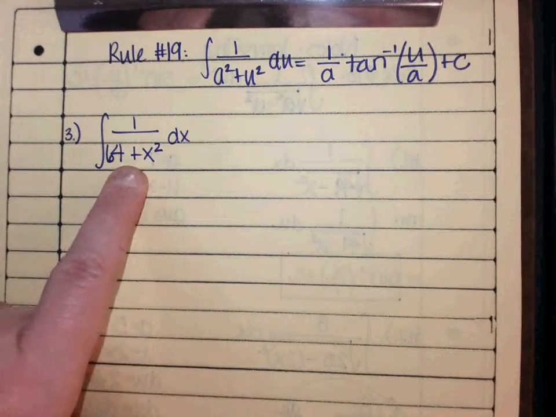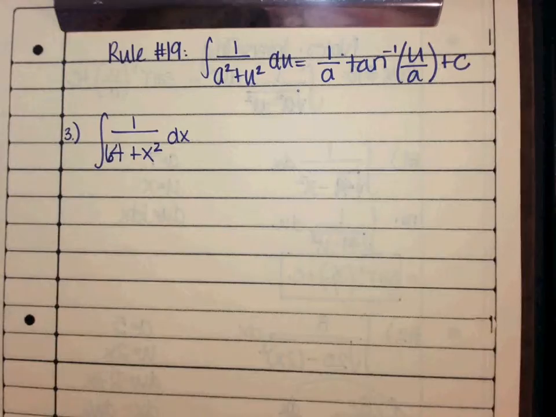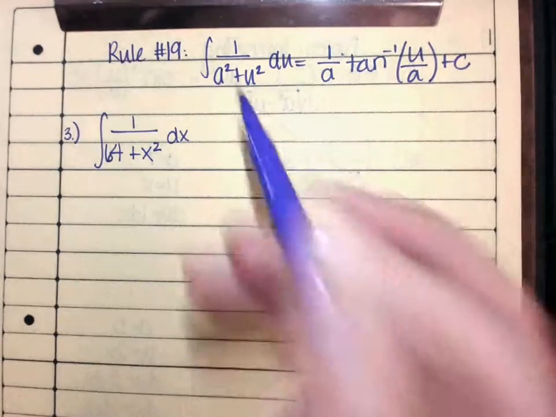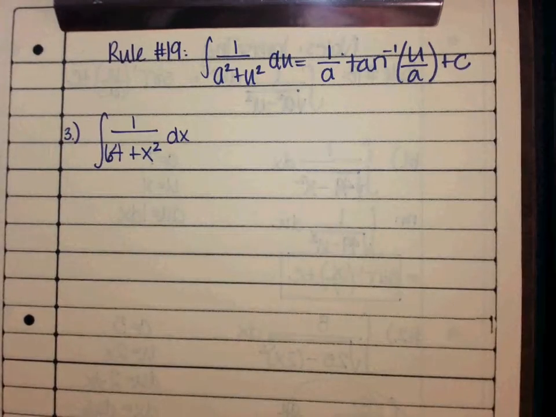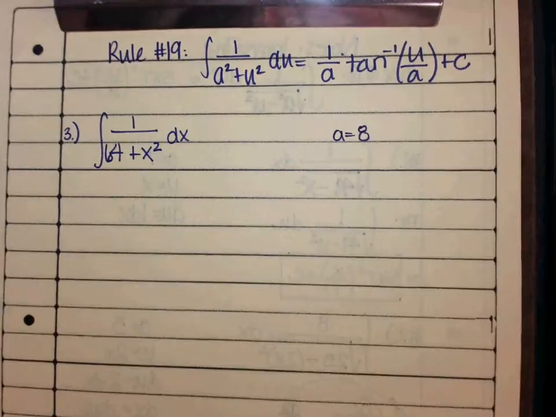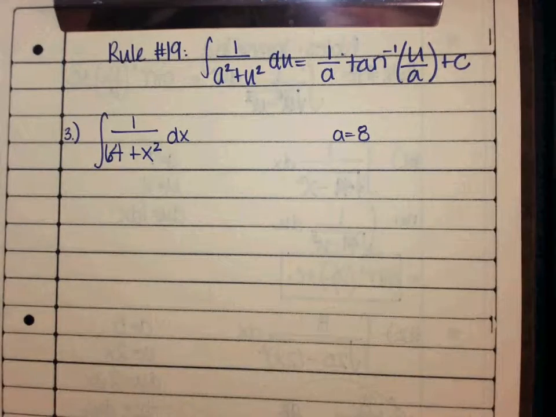If I'm doing this one, I have my plus on the bottom, and my A squared is 64. What is my A? It is currently squared, so I need to square root it to go back and find A. 8. So if A squared is 64, I would square root both sides to find that A is 8.